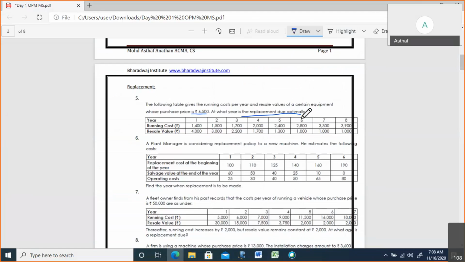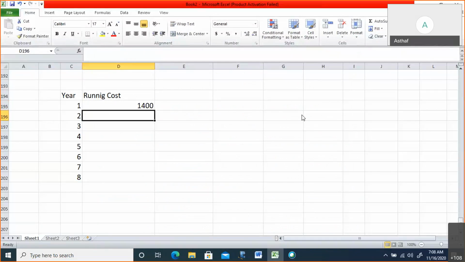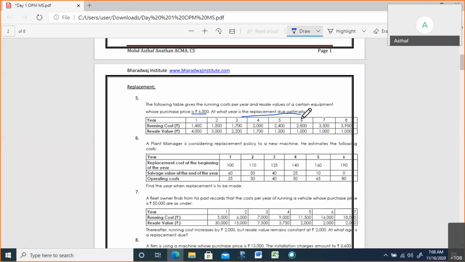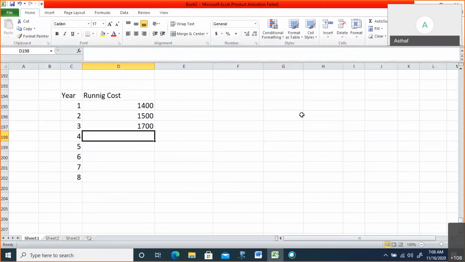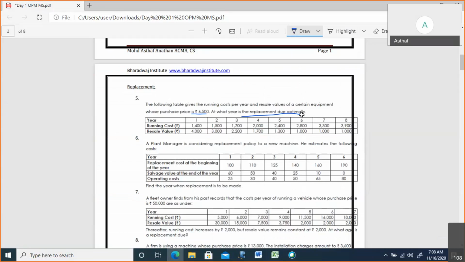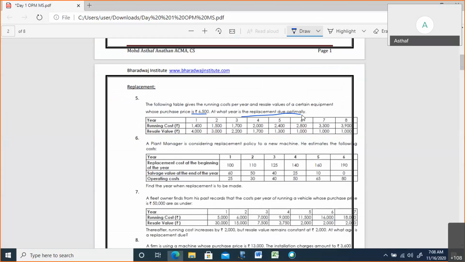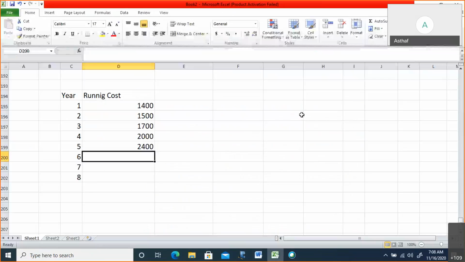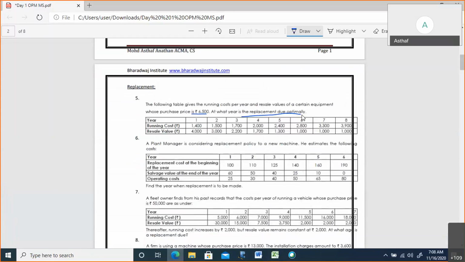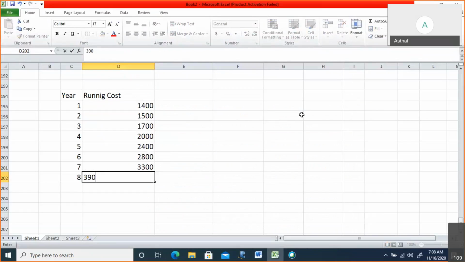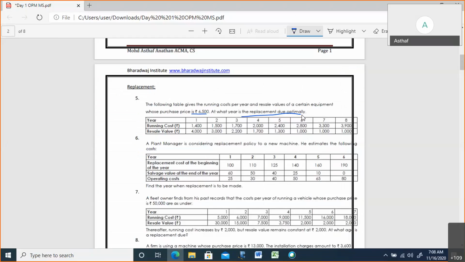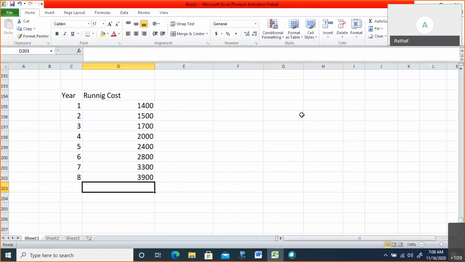So what is the running cost? 1,400, 1,500, 1,700, 2,000, 2,400, 2,800, 3,300, 3,900.